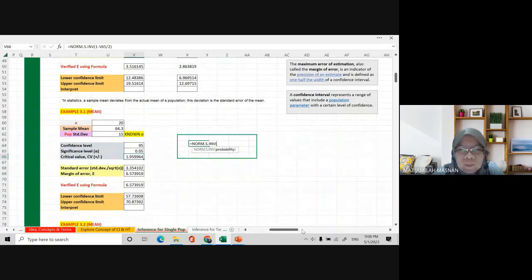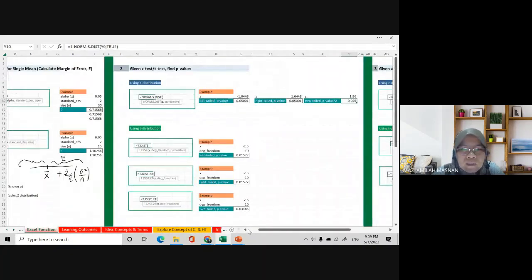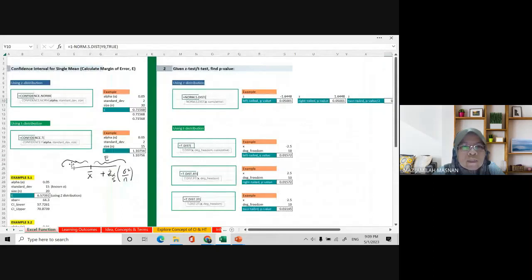Now, for the proportion, we are not going to use the confidence dot norm, because confidence dot norm requires three inputs: the alpha value, the standard deviation, and the sample size.